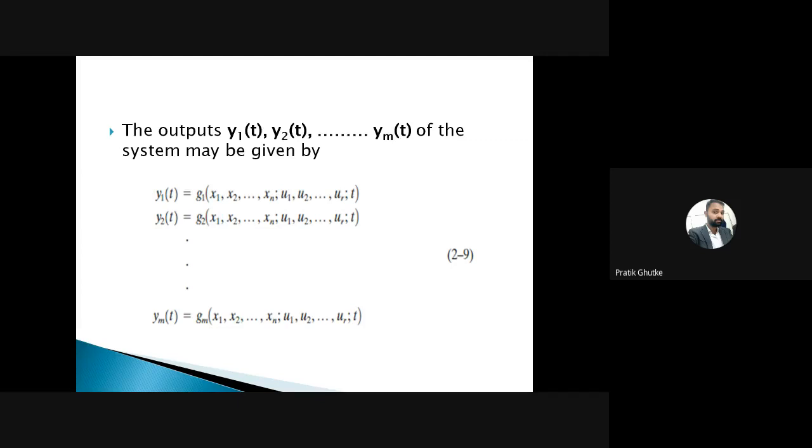Also y2 of t, the second output, is g2 of x1, x2 up to xn, u1, u2 up to ur of t. And it continues up to ym of t equals gm of x1, x2 up to xn, u1 of t, u2 of t up to ur of t. So these are your state equation and output equation.